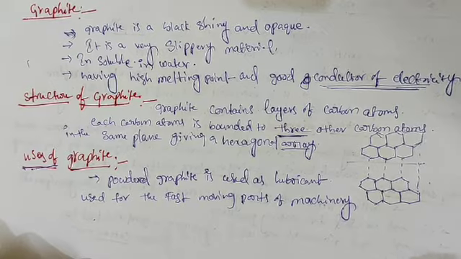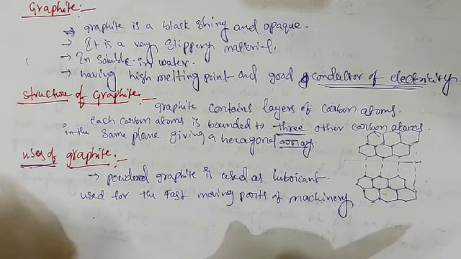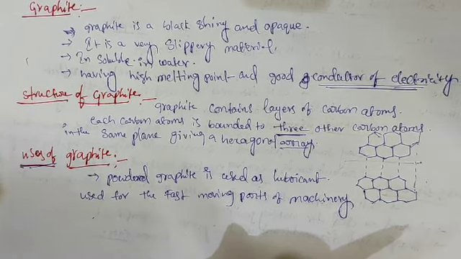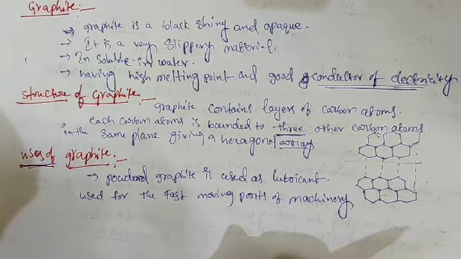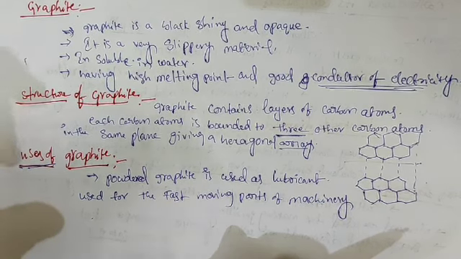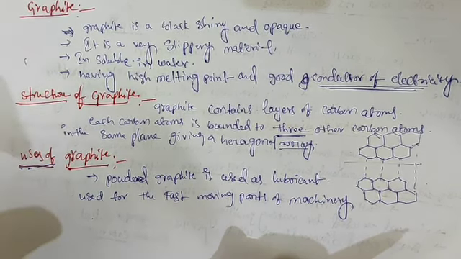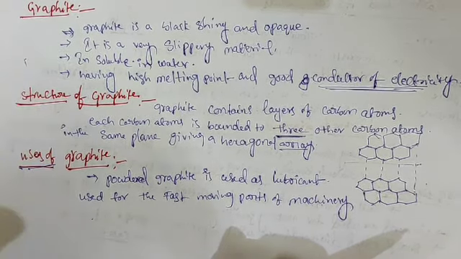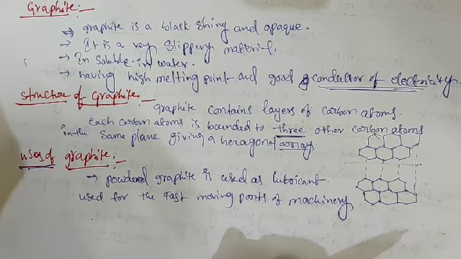So for that, graphite has a high melting point, no? So we can use graphite powder as lubricant. This one has a slippery nature, so the fast moving parts of machineries rotate smoothly. It cannot evaporate because graphite has a high melting point.